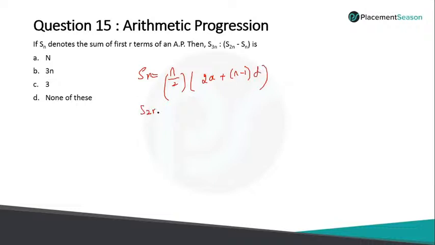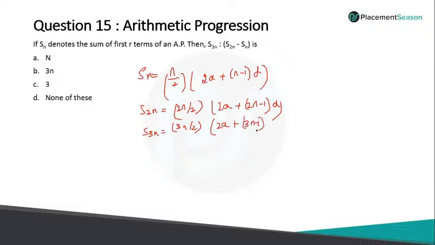Then what should be the sum of 2n? 2n by 2 into 2a plus 2n minus 1 into d. What is the sum of 3n? It will be 3n by 2 into 2a plus 3n minus 1 into d.